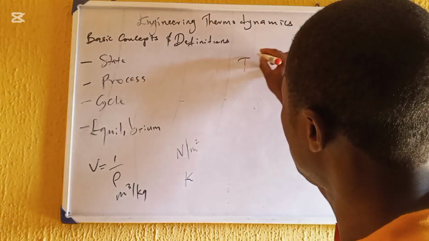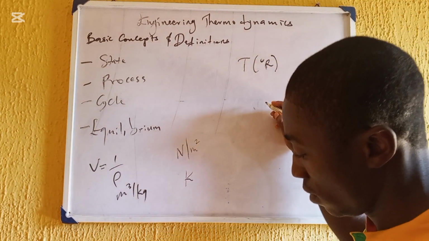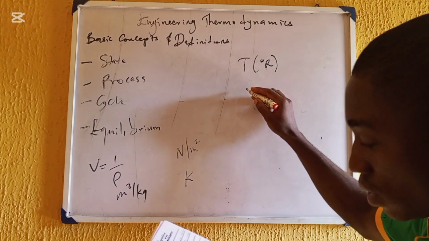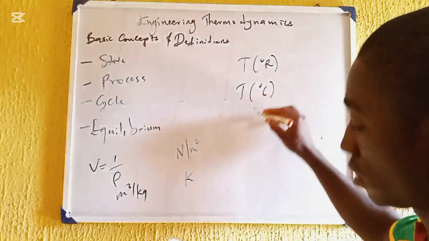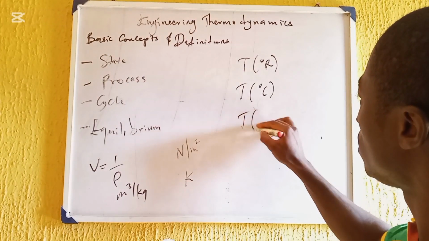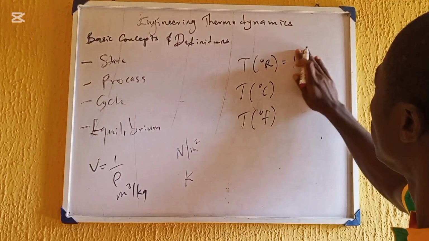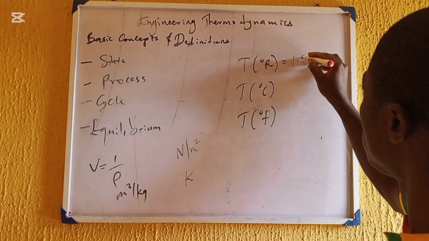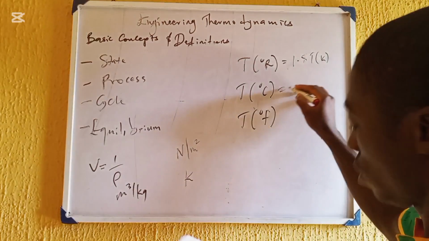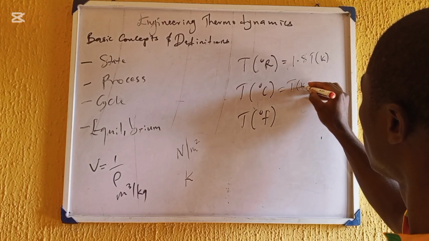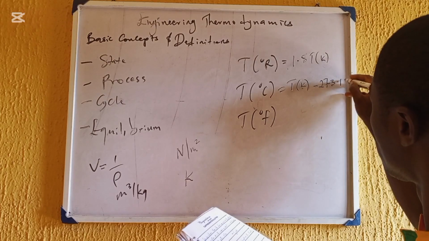So we have T in degree R, that's the Rankine. Then we have T in degree Celsius. Then we have T in degree F, that's Fahrenheit. Now this is equal to 1.8 T in Kelvin. Then this is equal to T in Kelvin minus 273.15.